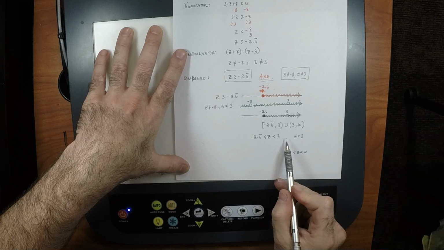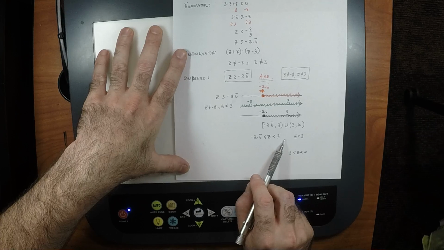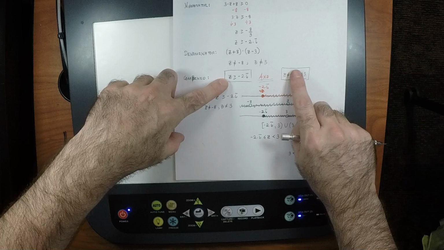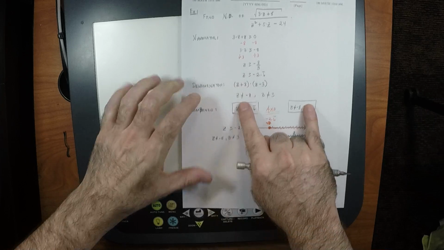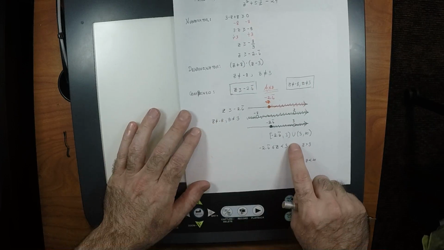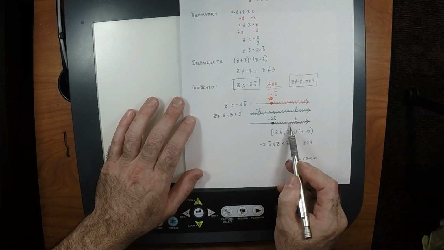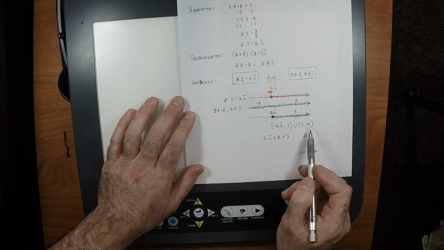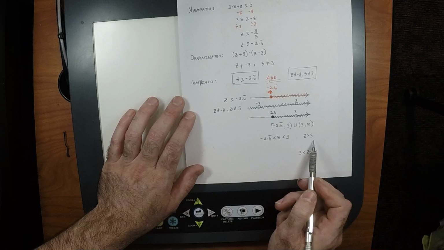And then what word do I need to write here? So we wrote and here because in order to be able to do this, both of these conditions need to be true. So we said and. And then in the end, that meant intersection. But right here, look at this. What is this one? That's a union, right? So notice that this piece or that piece, that interval or that interval, this inequality or that inequality, right?